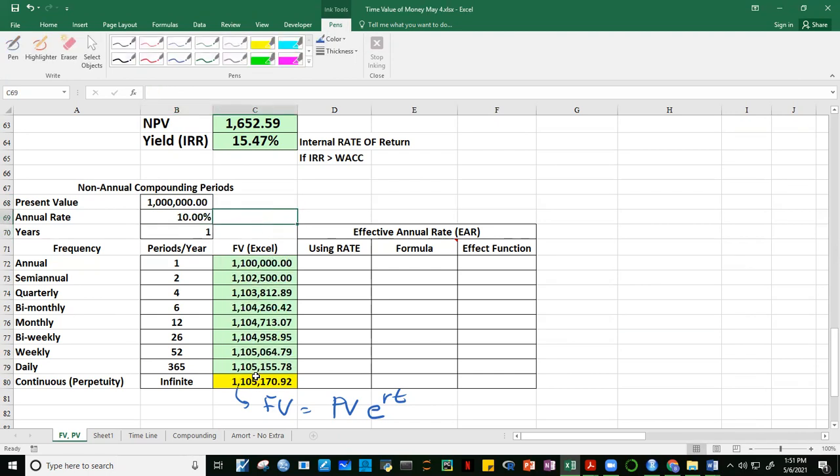Siyempre, magbabago yan. Yung in 1 year's time, yung 1 million mo, okay, kapag annual compounding lang, 1,100,000. If it's daily compounding, 1,105,155. No? So talagang mas mataas kasi yung frequency of compounding, that's the power of compounding. Okay? The more times you compound, the higher it will be.